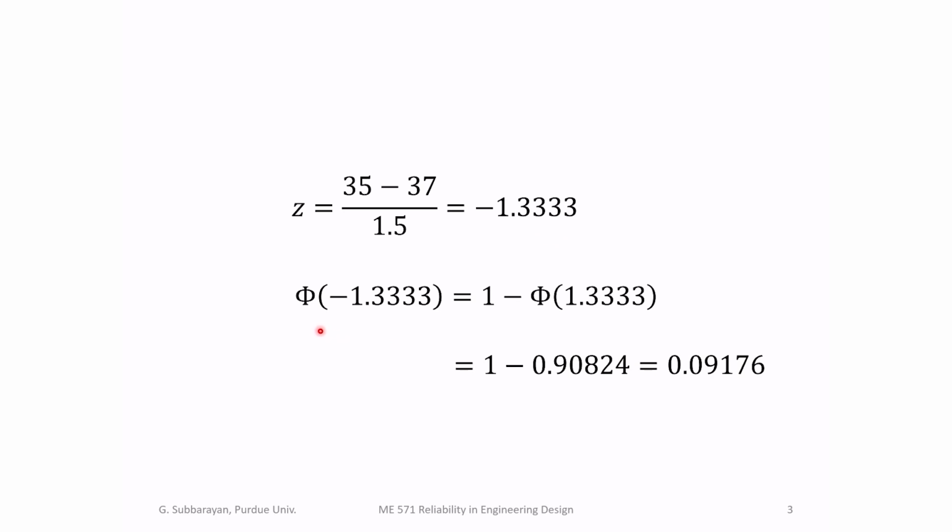So now I need to calculate the CDF corresponding to minus 1.33, which we know is 1 minus the CDF corresponding to plus 1.33. And I can estimate this value from the table, and that value is 0.90824. We'll see how that is to be estimated.